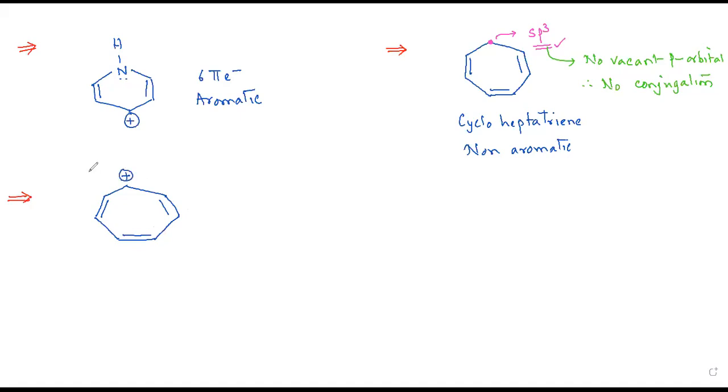Let me put a positive charge here. You know, this is called cycloheptatrienyl cation, famously known as tropylium cation.